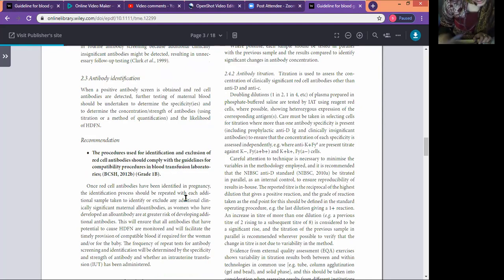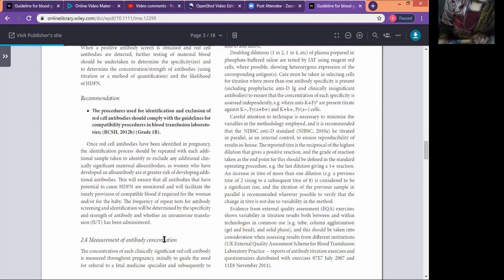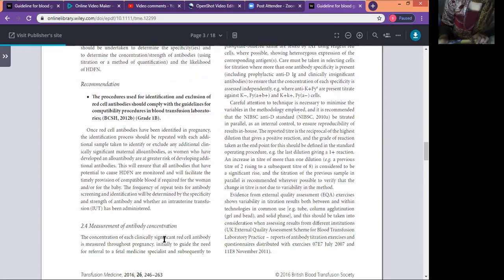At this stage, to ensure that all antibodies are identified, because the patient would be on monitoring also, the antibody identification needs to be done really thoroughly, and all antibodies that may be identified need to be mentioned. So at this stage, enzyme treatments may be used to actually elute the antibodies from the samples.